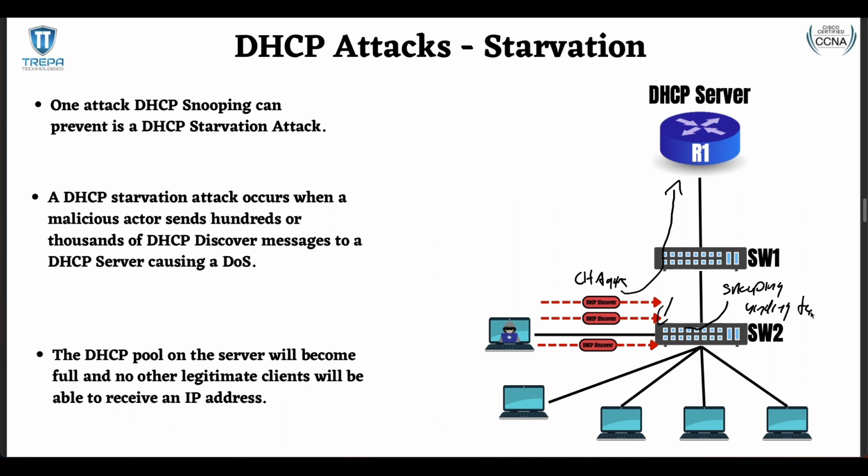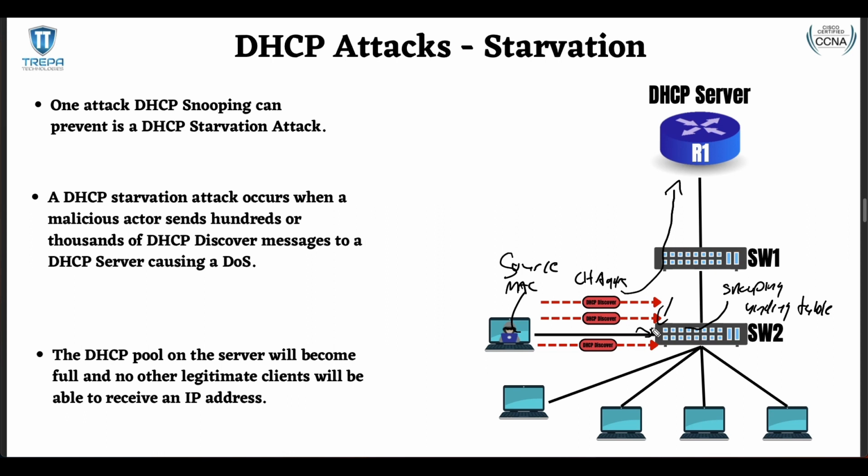And what that's going to say is that, hey, this client's source MAC address is tied to this interface and tied to an IP address that's already assigned to it. So now we're saying this discover message is invalid because we already know that this source MAC address has an IP address already.